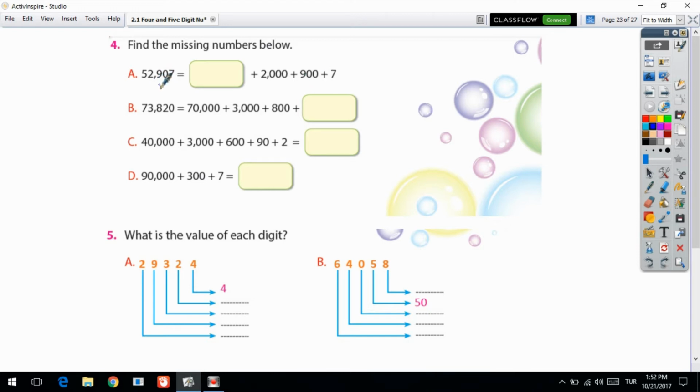I multiply by 9 and you write 900. 2 is in the thousands place. 2 times 1000 is 2000. Then we have 5, which is in the 10,000 place. I need to write 5 times 10,000, which makes 50,000.